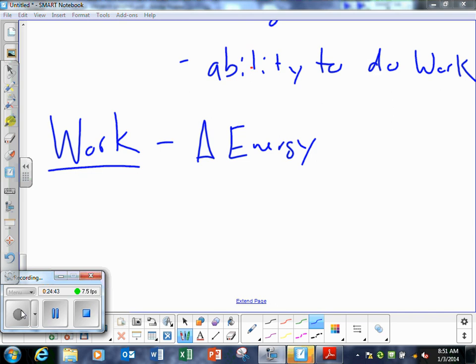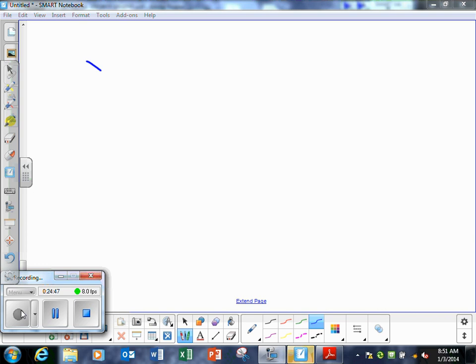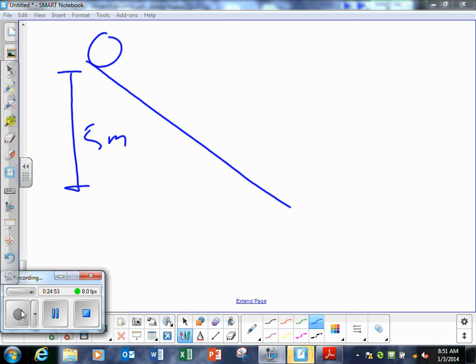So I got one more question for you. Let's say that I go through a height change of 5 meters. I've got a mass that's 2 kilograms, and we'll just use 10 for gravity.